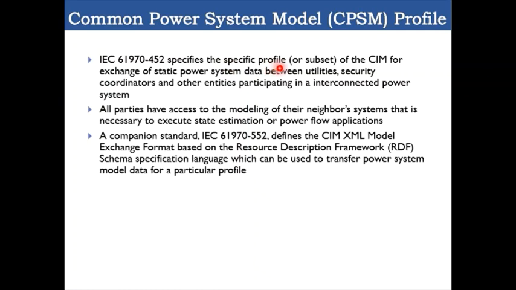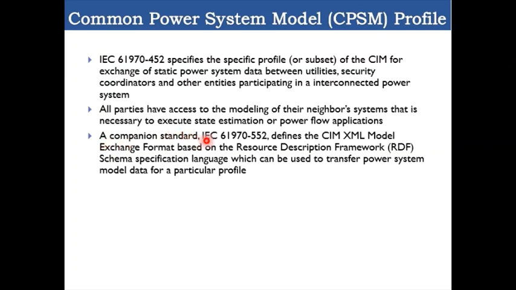This specifies the profile of SIM for exchange of static power system data between utilities, security coordinators and other entities participating in the interconnected power system. All parties have access to the modeling of their neighbors' systems that is necessary to execute the state estimation or power flow applications.